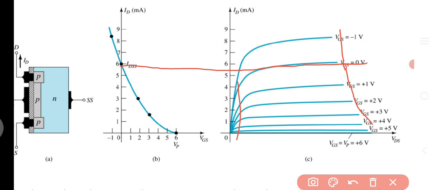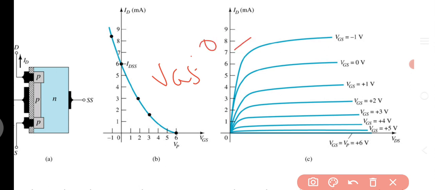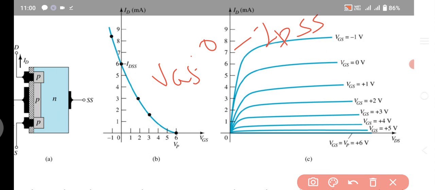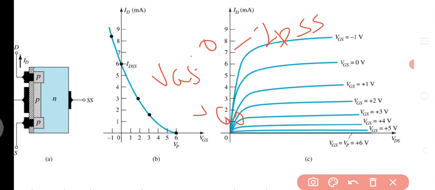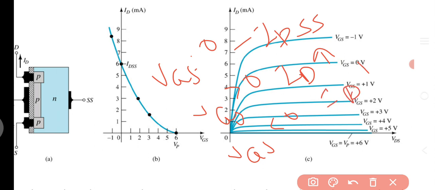In case of NMOS, when VGS equals 0, then ID equals IDSS. When VGS is greater than 0, then ID will increase. When VGS is less than 0, then ID will decrease.